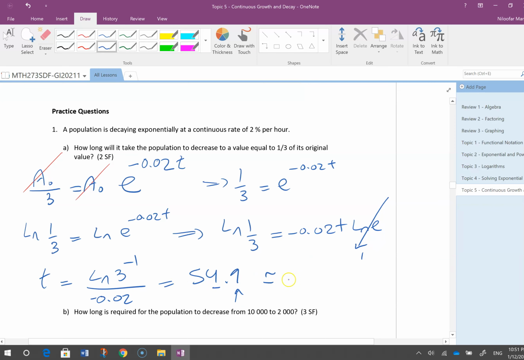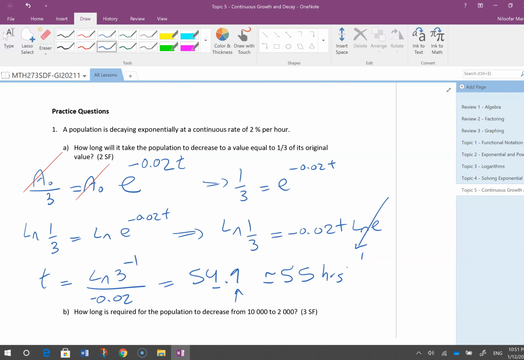Minus and minus cancel each other because ln 1 over 3 is negative. So yes, it is 55 hours. After 55 hours, a0 reaches a0 divided by 3, meaning 2 over 3 of it is gone.